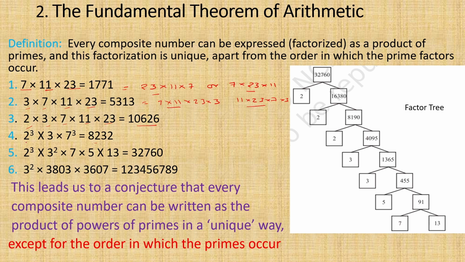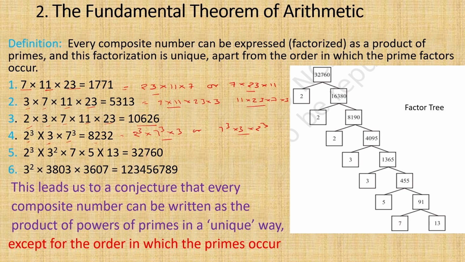In this we have 2 power 3, that means the factor 2 came 3 times, and 3, and 7 power 3, the factor 7 came 3 times. Only these 3 are the prime factors, and we can change the order: 2 power 3 into 7 power 3 into 3, or 7 power 3 into 3 into 2 power 3. But this combination is unique.